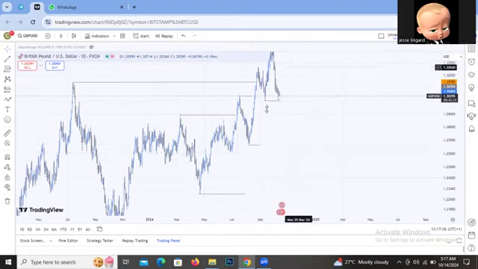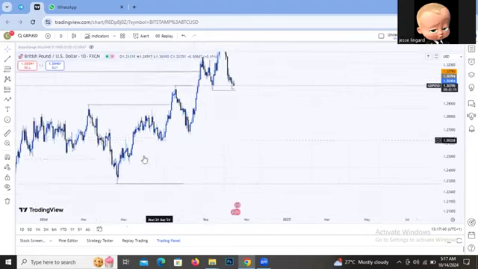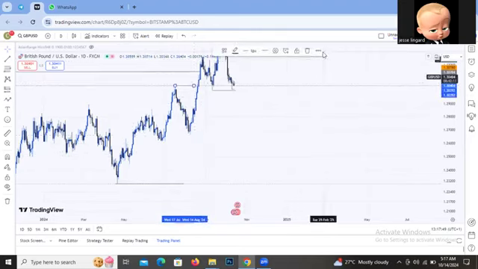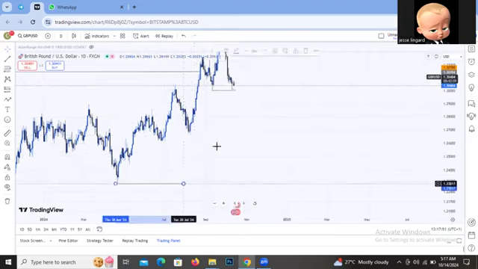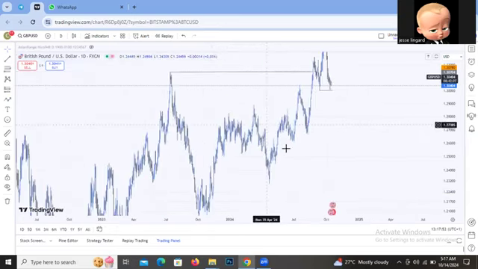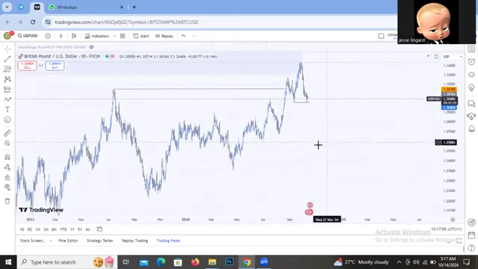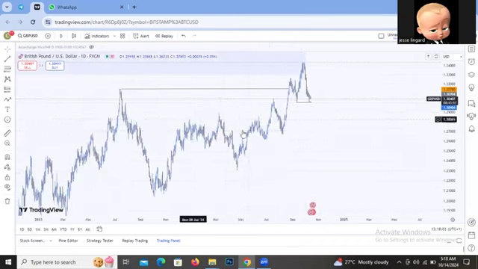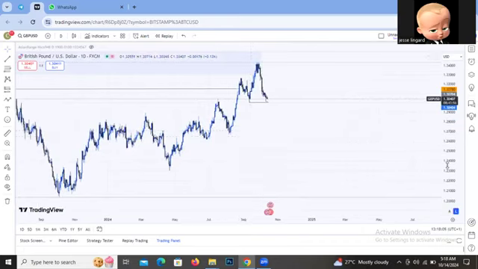Minor change of character always happens inside the internal structures. You need to avoid minor change of characters because they always induce traders. That's why it's good to know about doing a top-down analysis, because when you do a top-down analysis, you know the complete trend of the market and how to follow it.